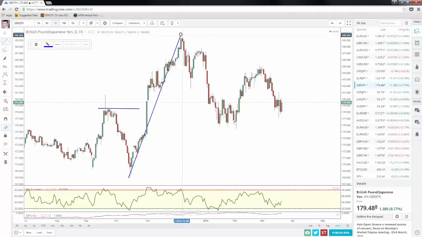The next thing we get is an initial retracement here, followed by a little rally, boom, to an outside return, a lower high, this high being lower than this high.